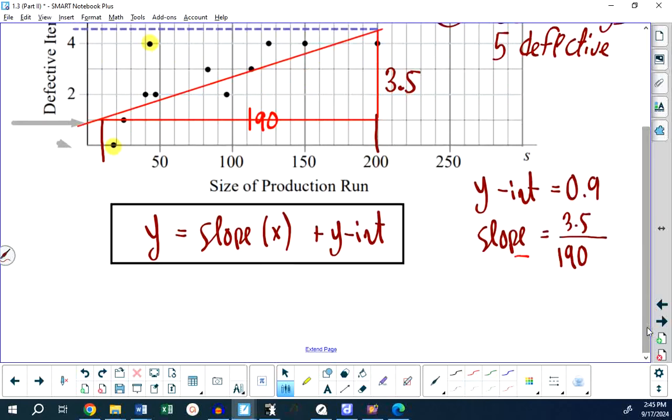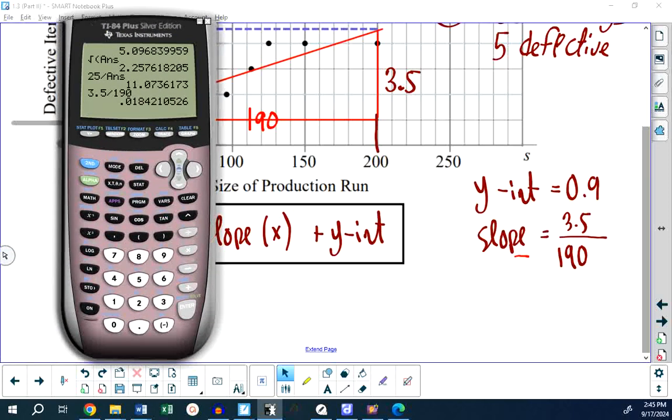That means my equation is y equals, well, we might as well calculate this. 3.5 over 190. Let me grab my calculator. It keeps popping to my other monitor. 3.5 divided by 190 is 0.018, and I think that's good enough.